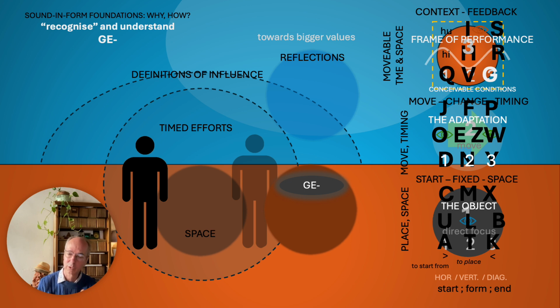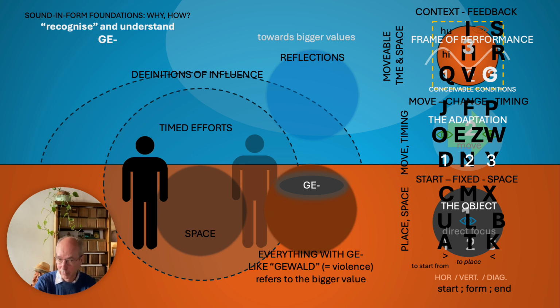You will also go towards that activity with A that reflects bigger values. And one of these examples, in the German context and of the German words, is the word Gewalt, or violence.